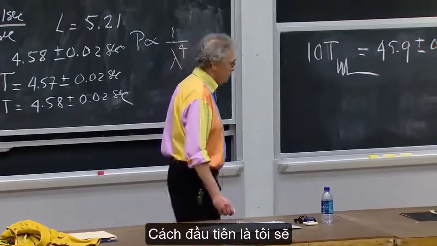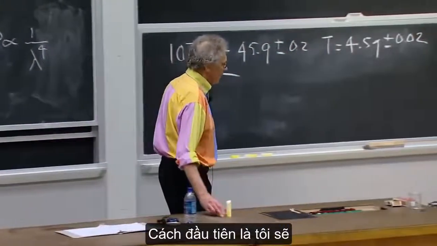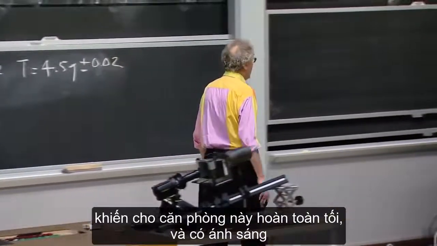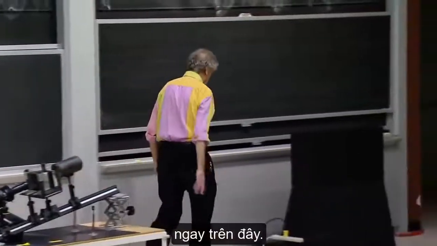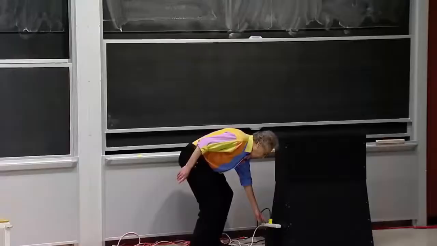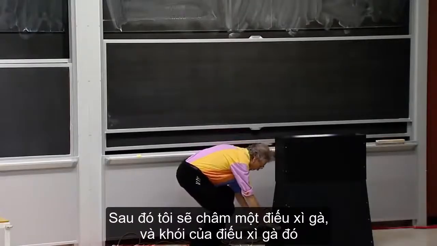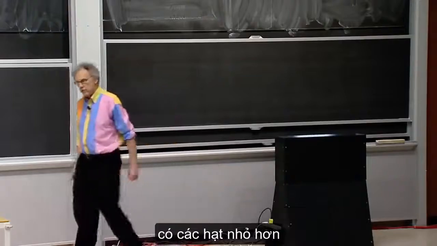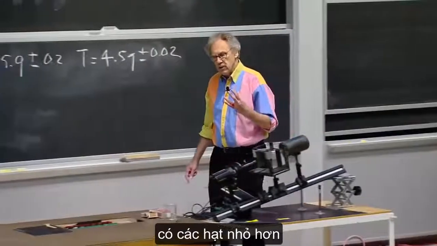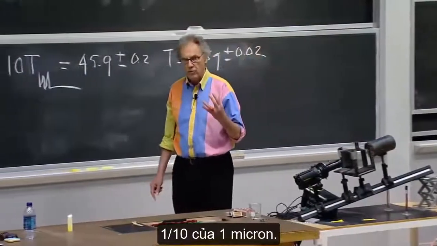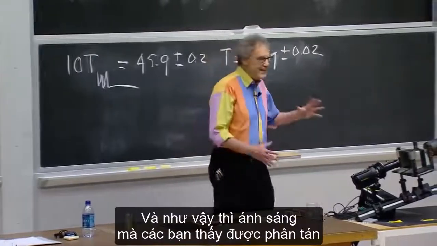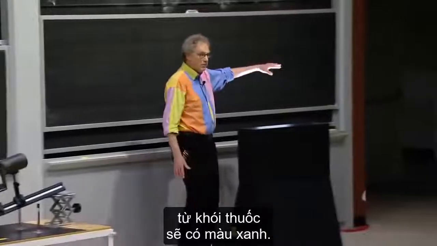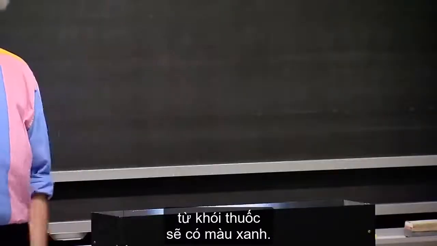The first way is to make it completely dark in the lecture hall and have light going straight up here. Then I will light a cigarette, and the smoke of a cigarette has particles that are smaller than 1/10 of a micron. And so the light that you will see that is scattered off the smoke will be blue.